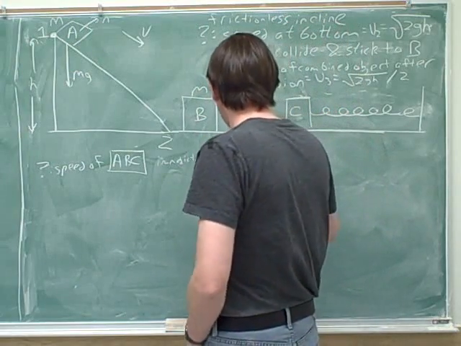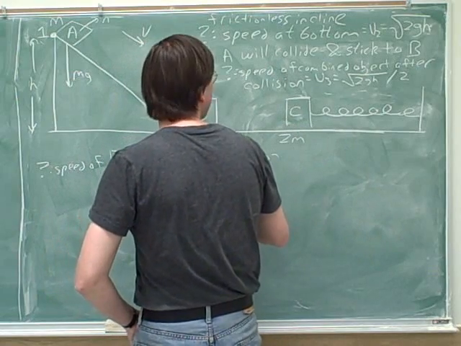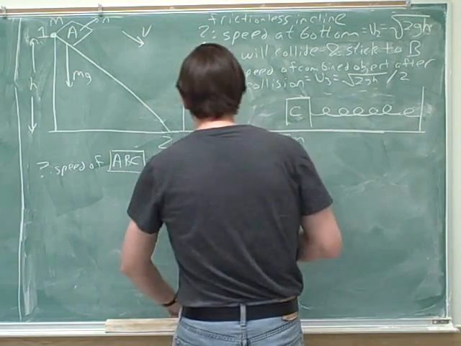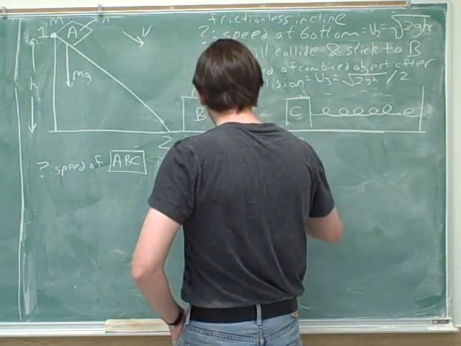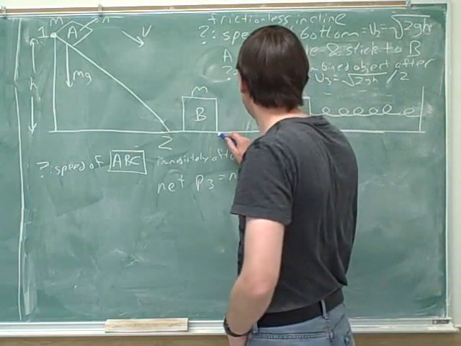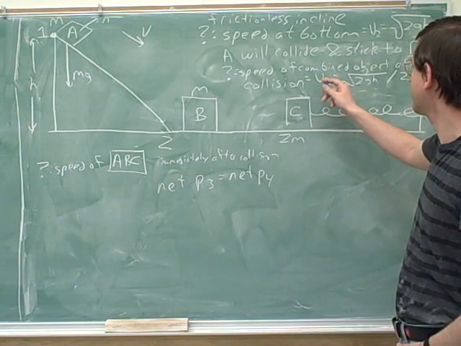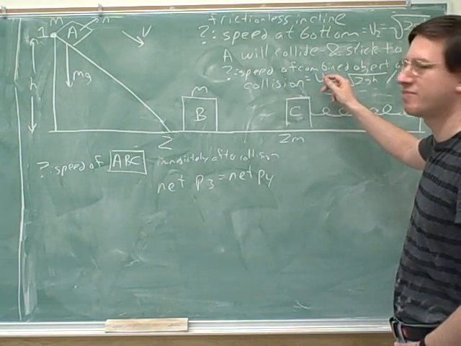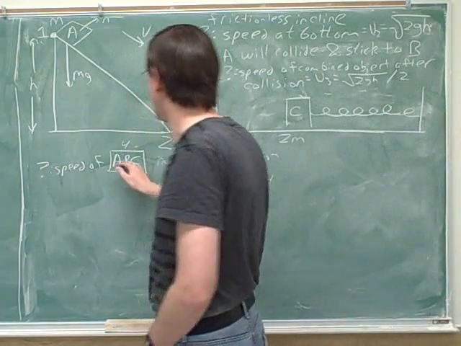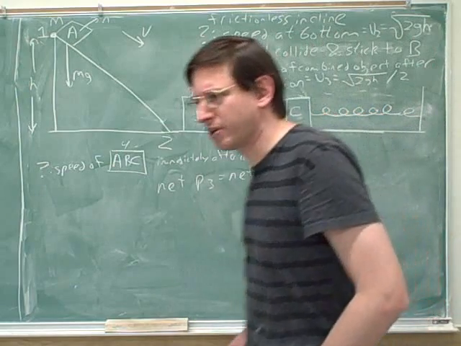Maybe we can call that net momentum 3 equals net momentum 4. Because we already figured out situation 3, the speed of the AB object here, and now we're going to have situation 4 when we have the A, B, and C combined. Okay, all right, so now we'll have to start plugging in there.